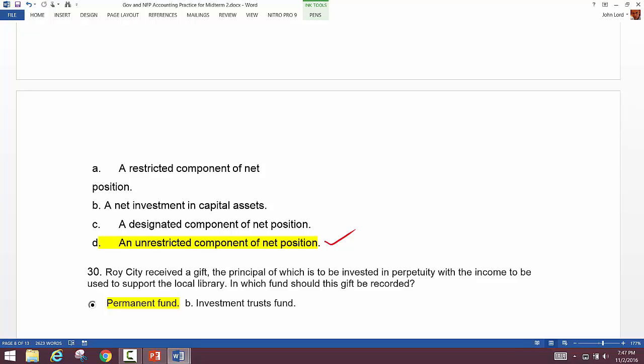Now, when we get to the government-wide level, we only have 3 categories of our net position, which is restricted, unrestricted, and invested in capital assets, net of related debt. And only those that were also reported as restricted at the individual fund level roll up into that restricted.